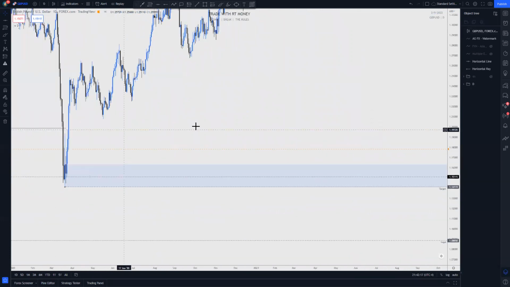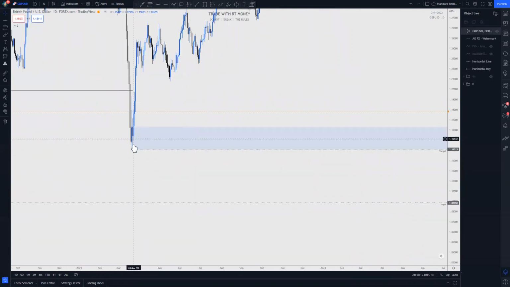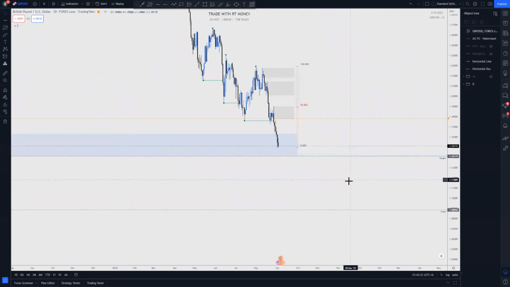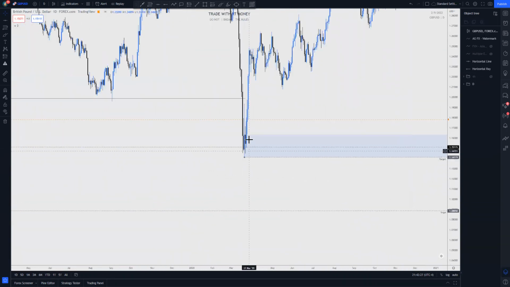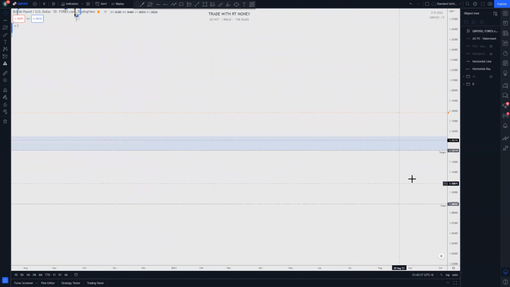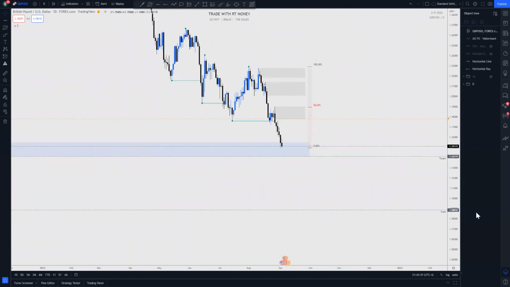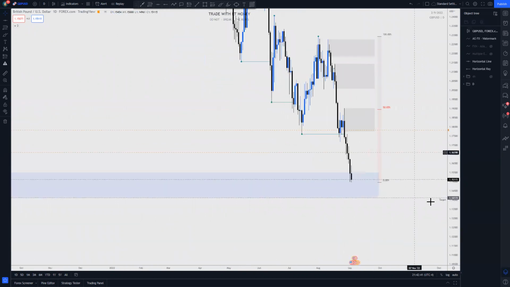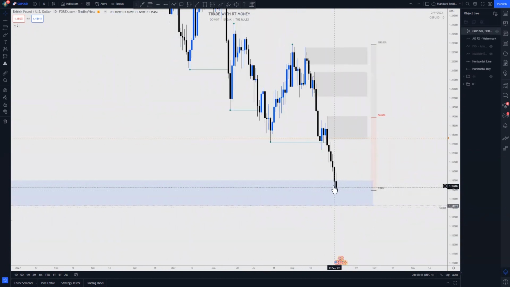On the daily, we're not in the extreme of the daily as yet, but we are working our way there. Yes, we are now getting the daily extreme on the daily time frame. We are hitting that now, and we're going to see if price will hold, if it'll find support here.